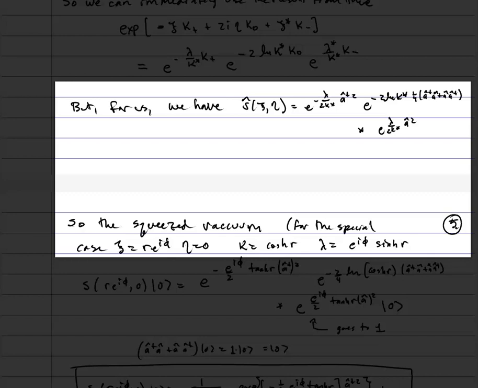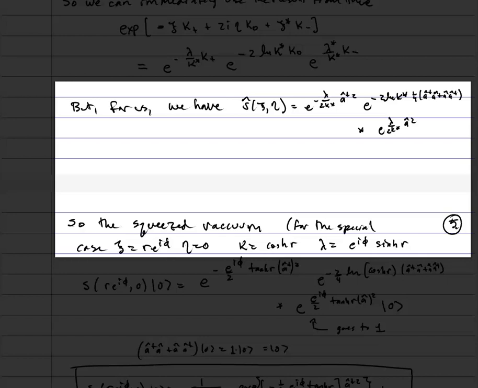And then the operator a dagger is just equal to the operator of a dagger a plus a commutator, and that's going to actually just equal 1 when it acts on it. So that middle term is going to go to e to the minus 2 log kappa star times 1/4, or e to the minus 1/2 log kappa star. And finally, I'm going to be left with the e to the minus lambda over 2 kappa star a dagger squared term. There's nothing I'm going to be able to do with that.